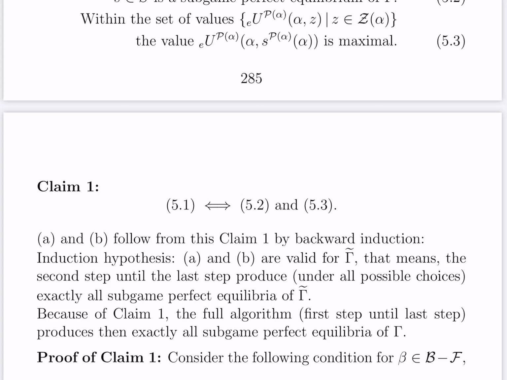Induction hypothesis: we suppose that parts A and B of theorem 514 are valid for the restricted game gamma tilde. That means we claim that the second step until the last step of the backward induction gives, taking into account all possible choices, exactly all subgame perfect equilibria of gamma tilde. This is really the statement of the theorem now applied to the restricted game gamma tilde.